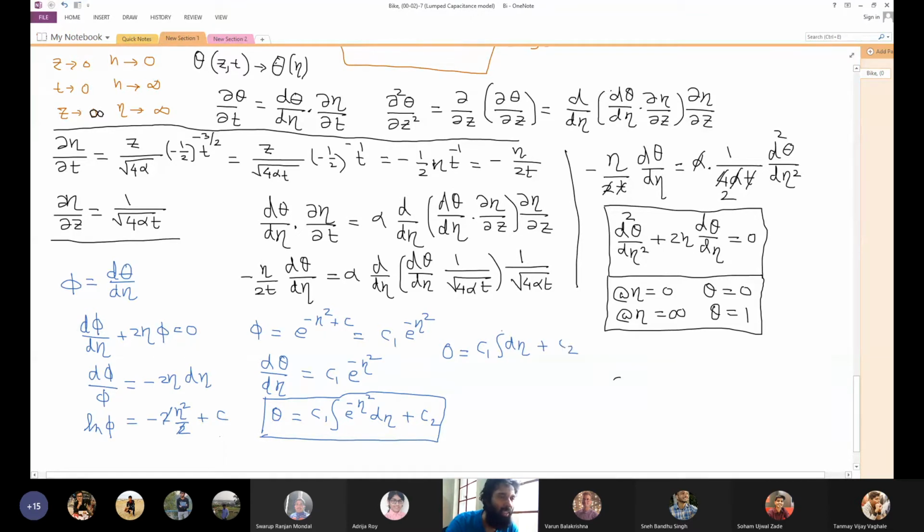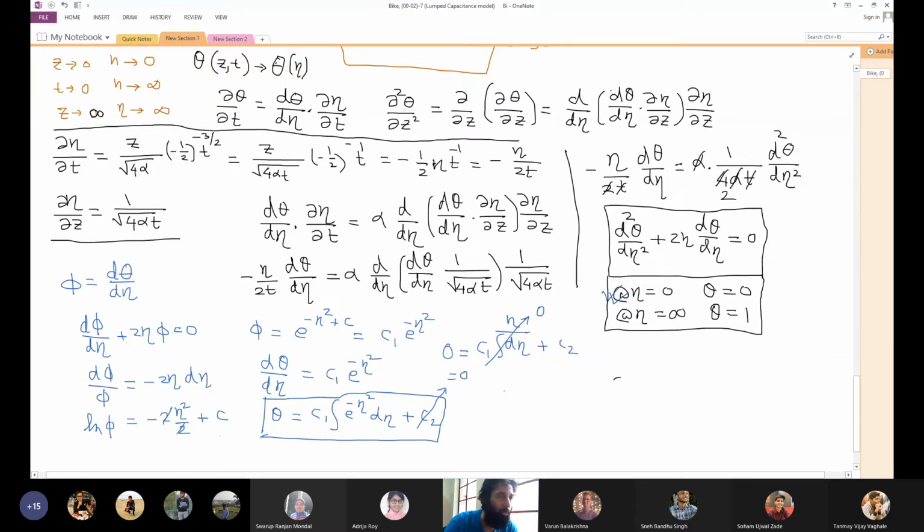So this becomes eta, and because eta equals to 0, this becomes 0. So basically c2 is 0. So we have used this boundary condition. Now we are left with this boundary condition.